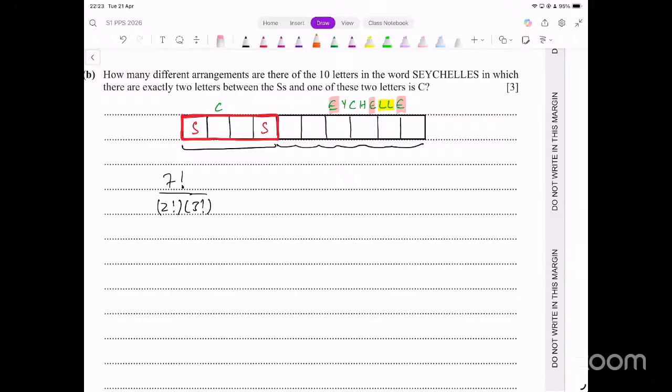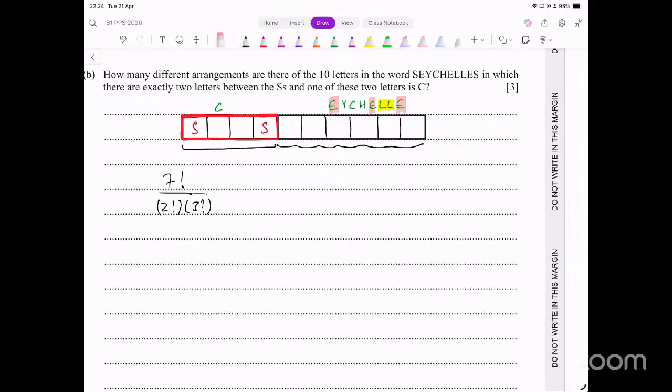We could do 7C1. Although in this case, since we have E's there, let me think about it.